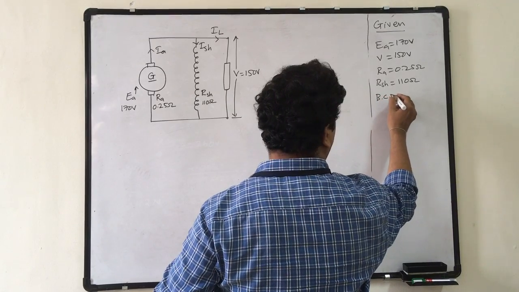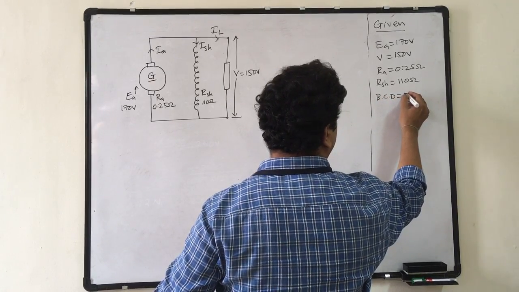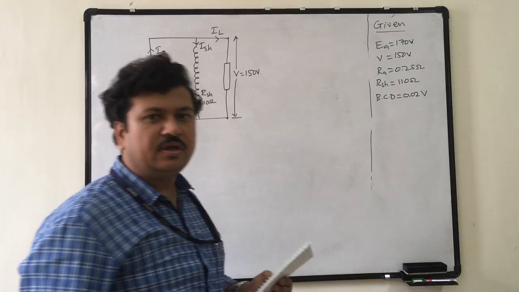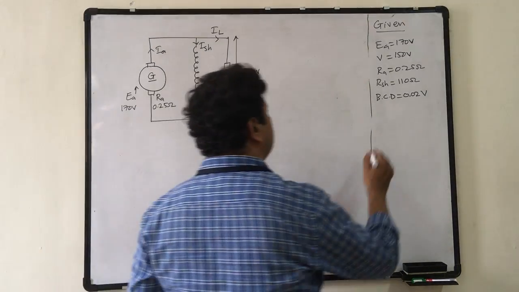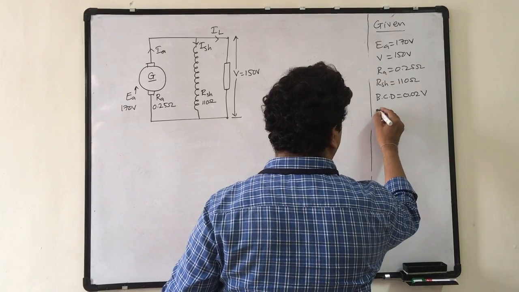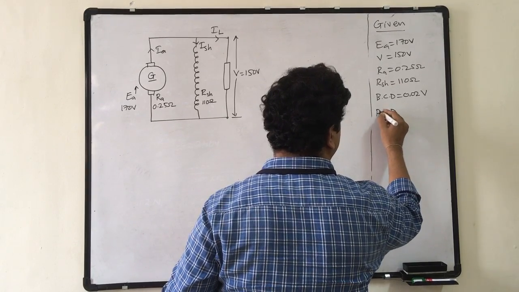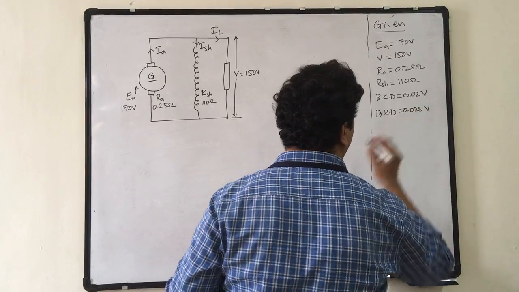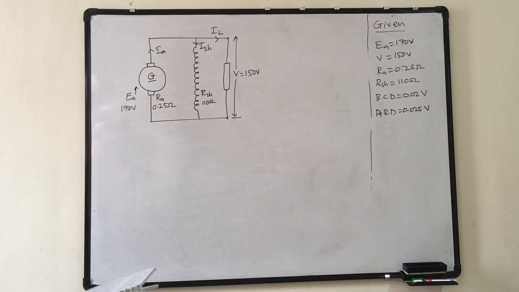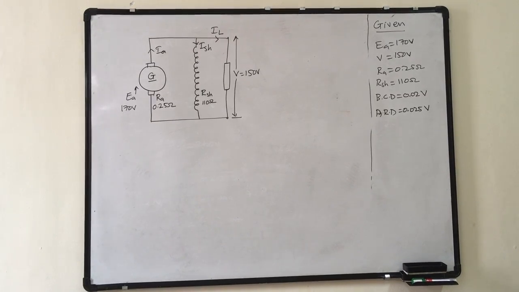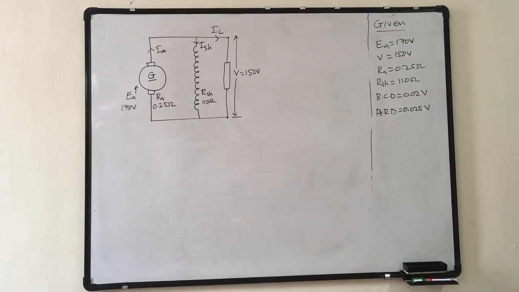Brush contact drop is 0.02 into V, it is 2% of terminal voltage, and armature reaction drop is 0.025 V, it is 2.5% of terminal voltage. So these are the given things.